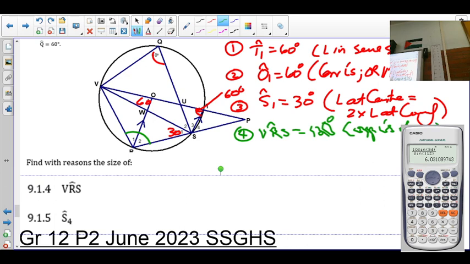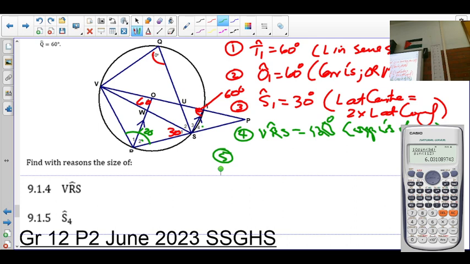Okay, this is getting worse, no? Opposite angles of a cyclic quad. Number 5, S4. So angle S4 is also equal to S, is equal to R2, corresponding angles. Okay, so that's not taking us anywhere.